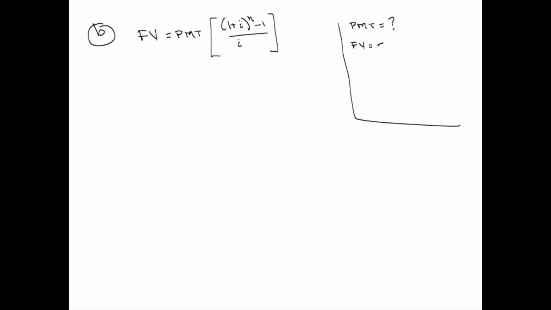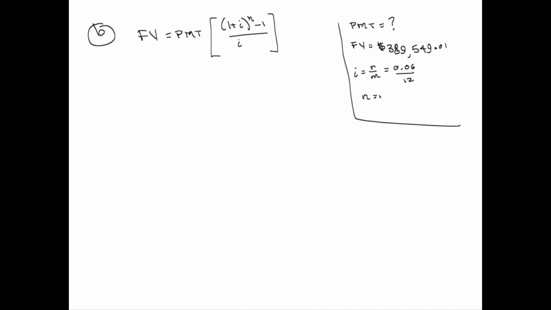How much did Joe have? Joe had $389,549.01. So that's how much Tom wants to have. Our M is still 12, which means our I is still R over M, which in our case is 0.06 over 12.